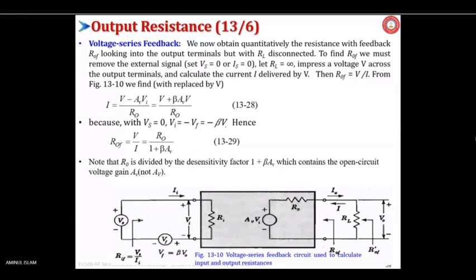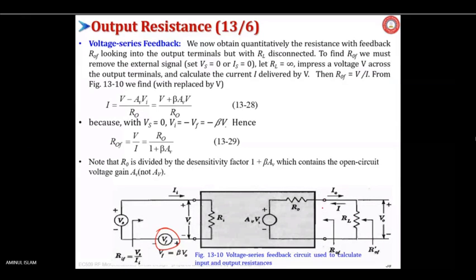With a little equation, let us see. Voltage series feedback, which is shown here in the diagram. See that VF is in series with the VS. We now obtain quantitatively the resistance with feedback ROF, looking into the output terminals but with RL disconnected.